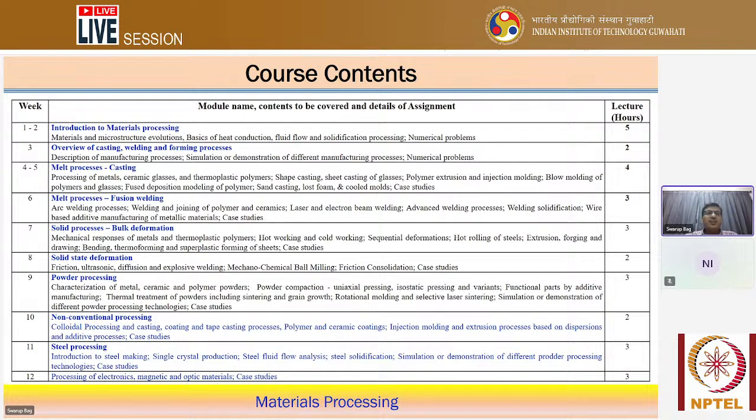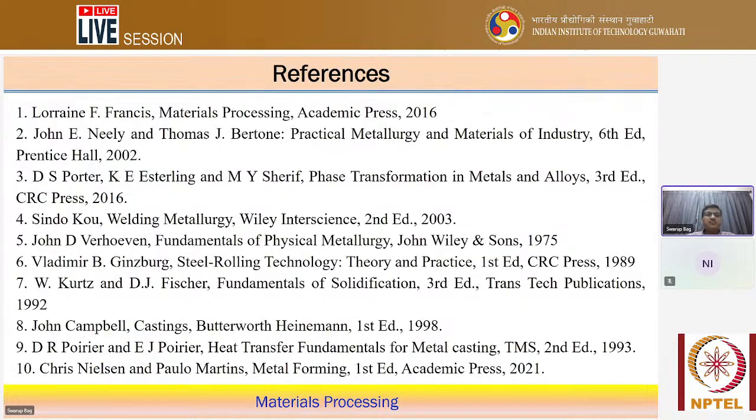Now, these references we have already discussed. If you are really interested in looking into a particular topic, you can find all the related topics within these references. Very specifically, if you are interested in the fundamentals of solidification, then you need to go for reference 7.